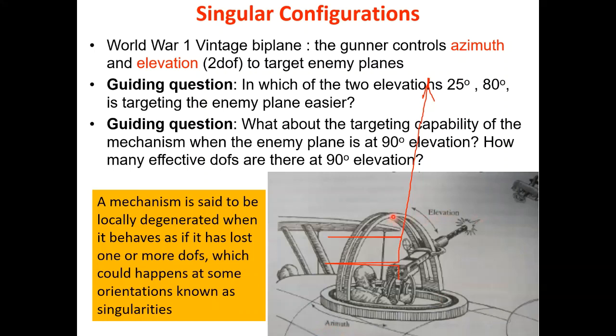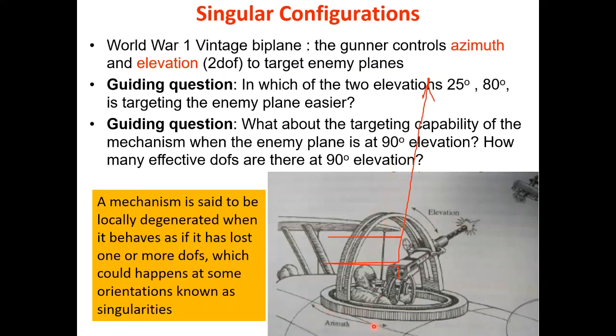But when the elevation is 90 degrees, right, around 90 degrees, you can change the elevation and get some motion. But if you control the azimuth, it's not going to help. In any of the azimuth angles, the gun will be pointing upwards.